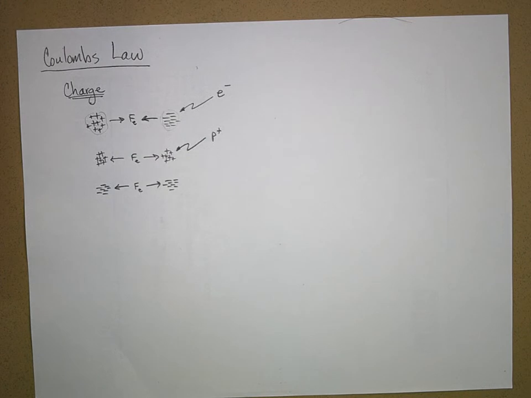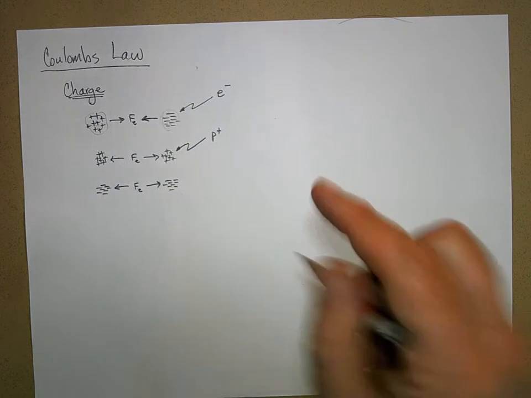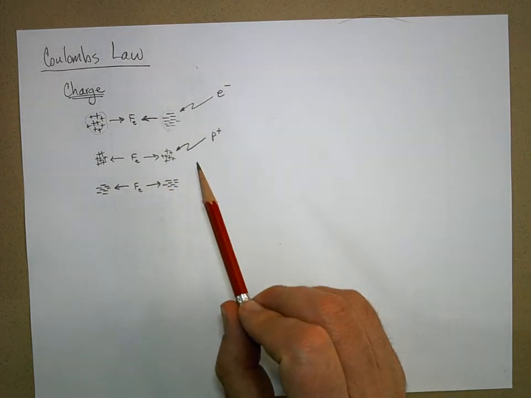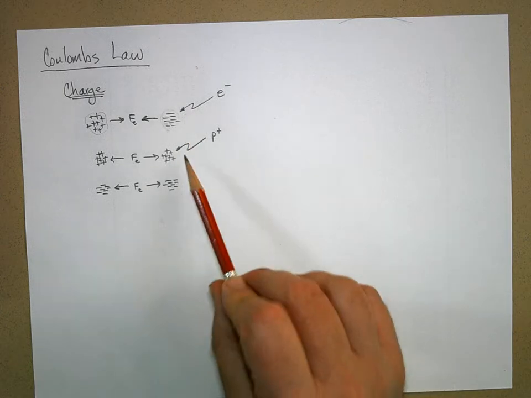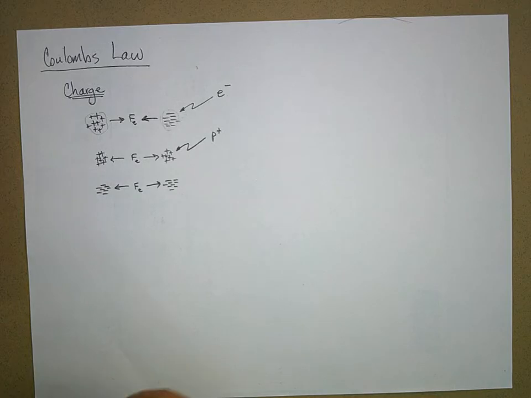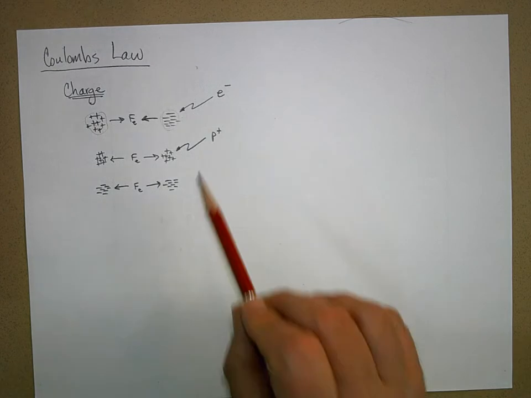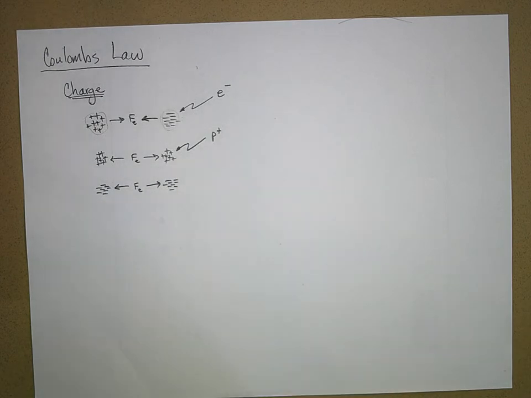Everything around us, all the matter that we see and feel, is made out of atoms, and atoms have these constituent parts, electrons and protons. And it is the electron that carries the negative charge, and it's the proton that carries the positive charge. But again, they didn't know that until roughly a little more than 100 years ago. They did experiments that showed what the atoms are made out of.